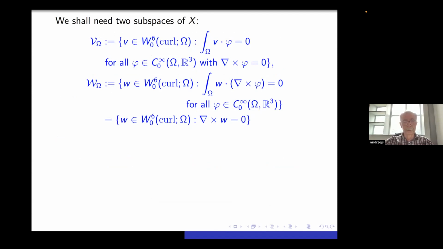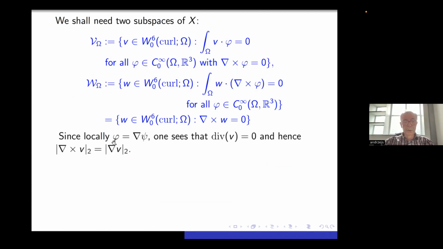And concerning V omega, now locally we have that phi is equal to the gradient of psi. So if we take phi of small support, we have the gradient of psi. So if we integrate by parts, we will get a divergence of v here. So the divergence of v is 0, and we also have that the L2 norm of curl v is equal to the L2 norm of the gradient of v.